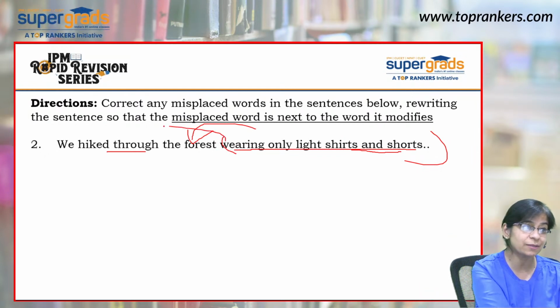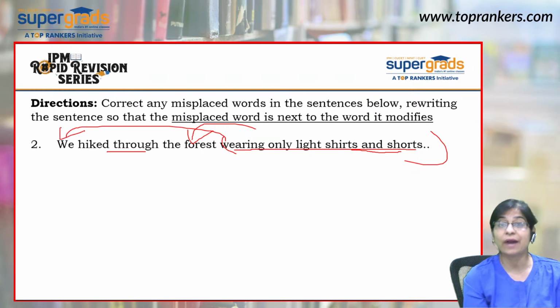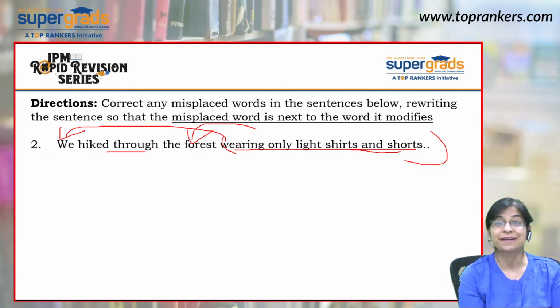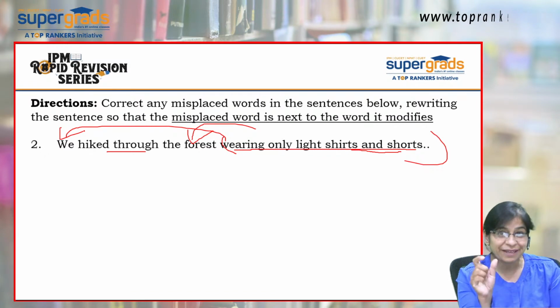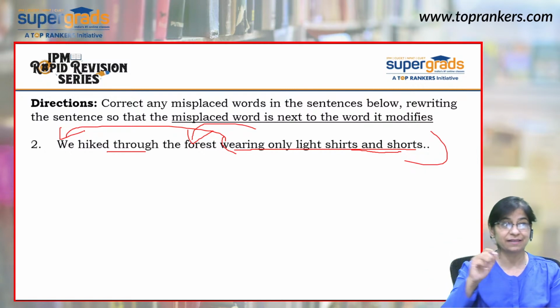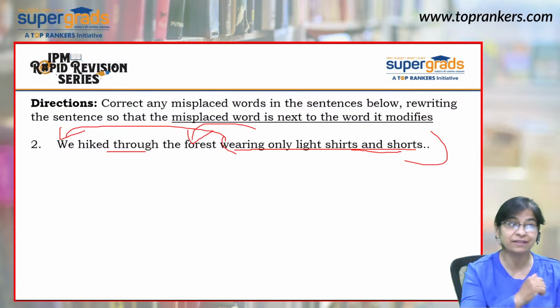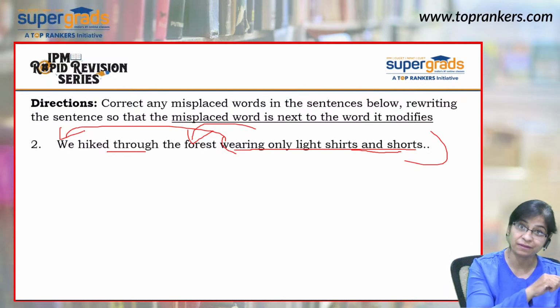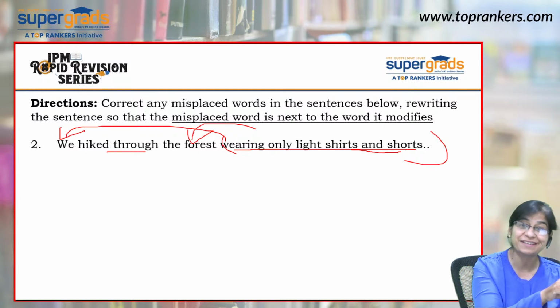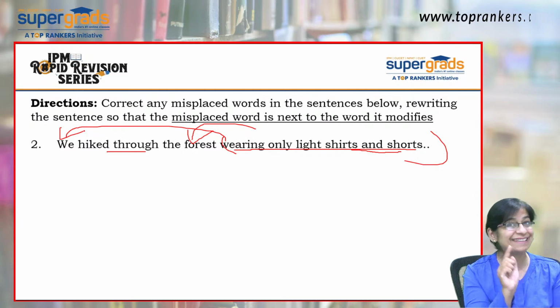Or was it we who had worn light shirts and shorts? I repeat, a modifier should be placed next to the part or the word that it modifies. Now, who was wearing the shirts and the shorts? The people. But we have placed wearing light shirts and shorts next to the forest. So this sentence is grammatically incorrect.